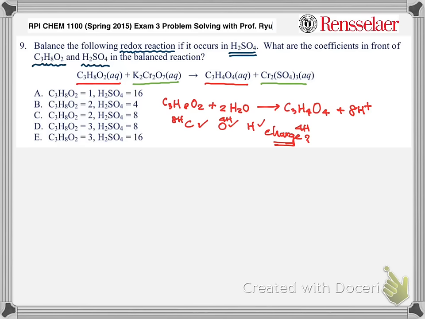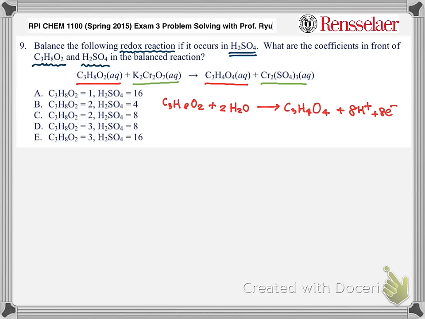So let's balance the charge. It's neutral on the left hand side, so I need 8 electrons to make the right hand side neutral. So I'm done with the carbon, I'm done with oxygen using H2O, I'm done with the hydrogen using H+, done with the charge using electrons, and this is all I balance on the first one. Okay, so I'm done with the half reaction as far as the carbon containing compound is concerned.